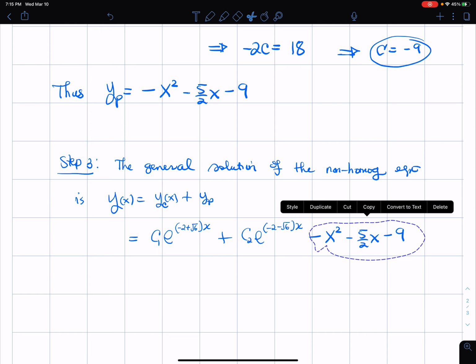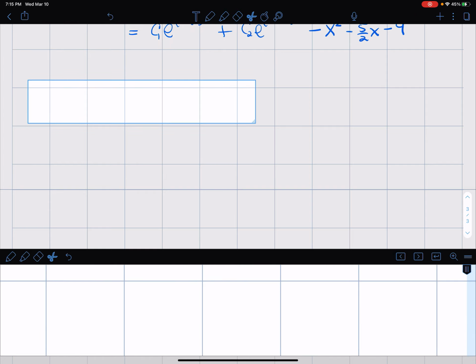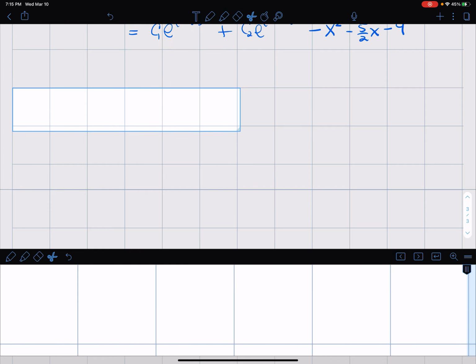Now let's see what else we can do. Let's try another one. Let's try number 2.